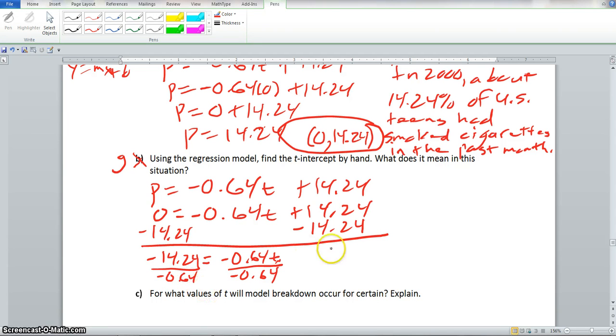And then this will give us T is equal to 22.25. And we will write this as an ordered pair. So it'll be 22.25, comma 0.